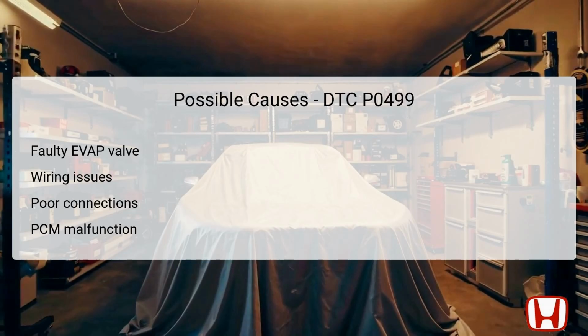Poor connections or loose terminals, particularly at the EVAP valve or the PCM, can interrupt communication and trigger this DTC. Lastly, a malfunctioning powertrain control module may misinterpret sensor data, also causing the code to appear. Understanding these factors is key to efficiently narrowing down the root cause and establishing a clear path for resolution.